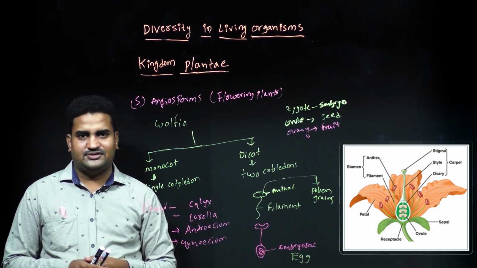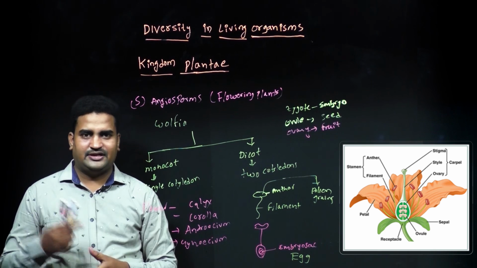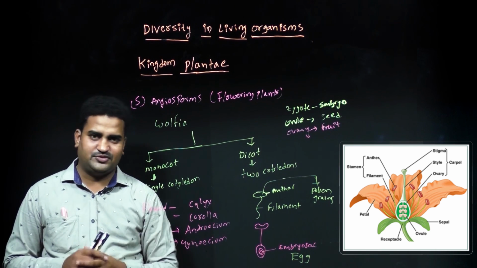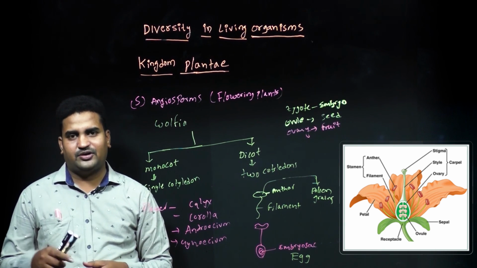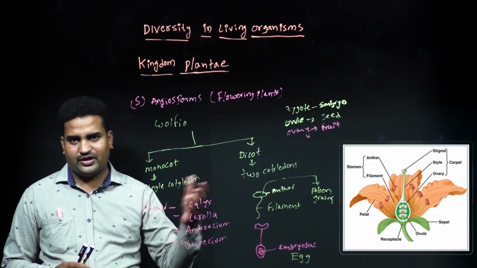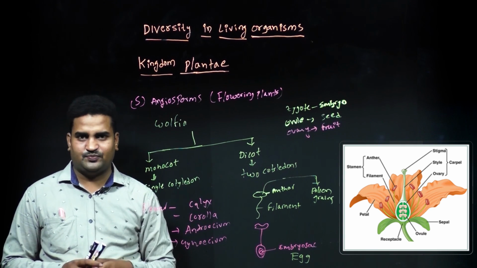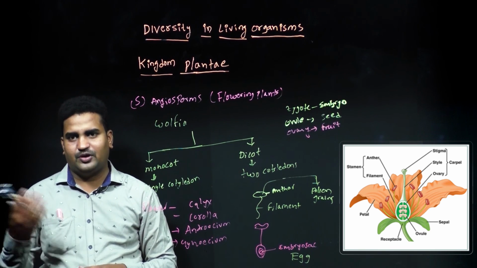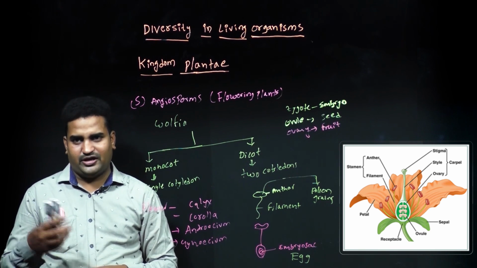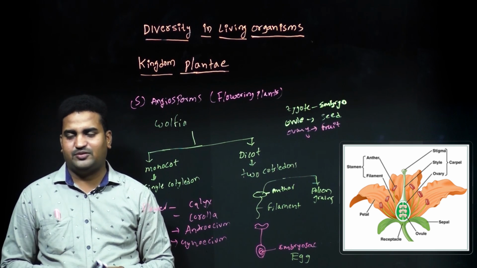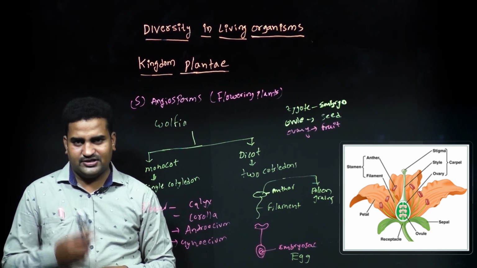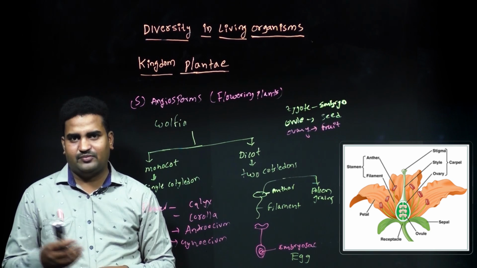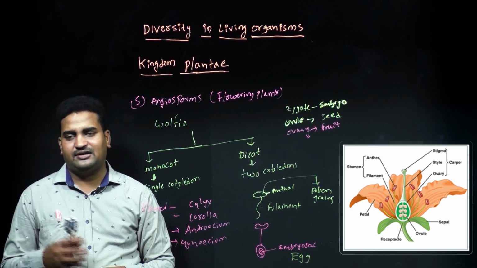So plants, generally, are of two kinds, cryptogams and phanerogams. Cryptogams do not produce seeds. Phanerogams produce seeds. Cryptogams include algae, simple in organization, bryophytes, the amphibians of the plant kingdom, and pteridophytes, the reptiles of the plant kingdom, and these are the first vascular plants.